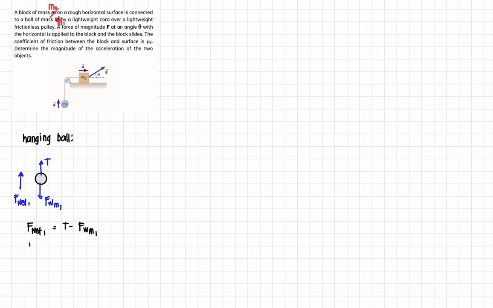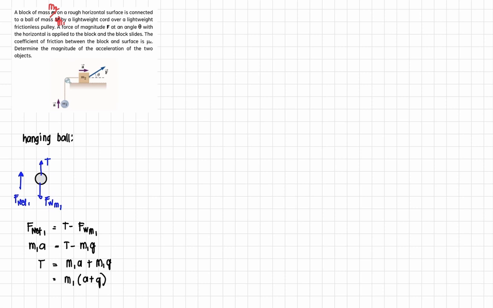F net 1 is m1 times the acceleration, that's equal to the tension minus the weight, which is m1 times g, or T is equal to m1a plus m1g. Or you can also write that as m1 times (a plus g).